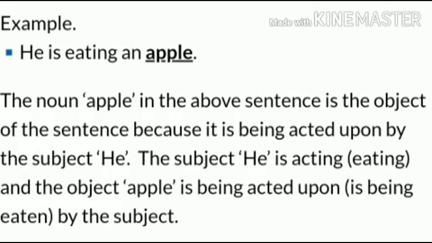For example, he is eating an apple. The noun apple in the above sentence is the object of the sentence because it is being acted upon by the subject he. The subject he is acting, eating, and the object apple is being acted upon, is being eaten by the subject.